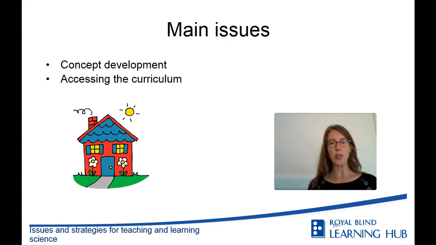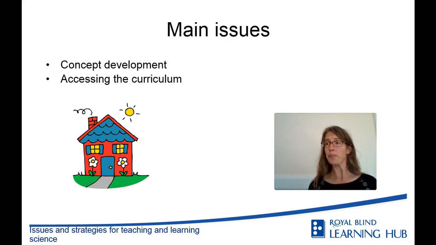It's very important that we're aware of how much our own learning as a sighted learner is constantly reinforced by what we see around us, be it colours, shapes, facial expressions, illustrations, objects. Children and young people with a visual impairment have much reduced opportunities for this incidental learning and reinforcement of their learning.